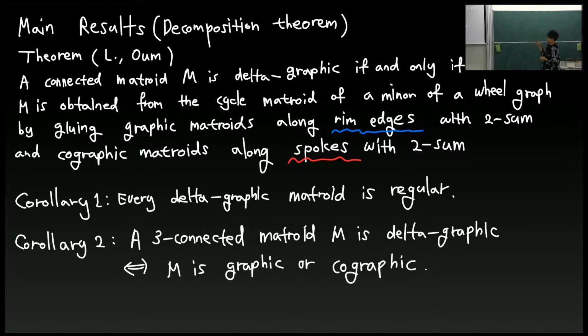The second corollary says that a three-connected matroid M is delta-graphic if and only if M is just graphic or cographic. This is because a three-connected matroid cannot decompose into smaller matroids with the two-sum operation.